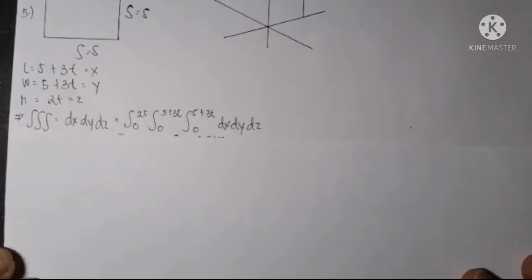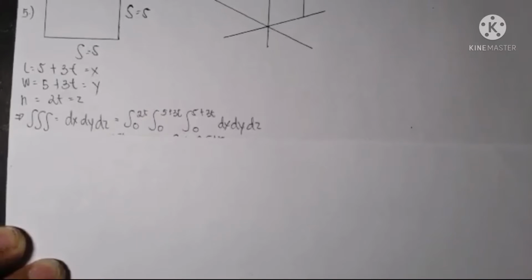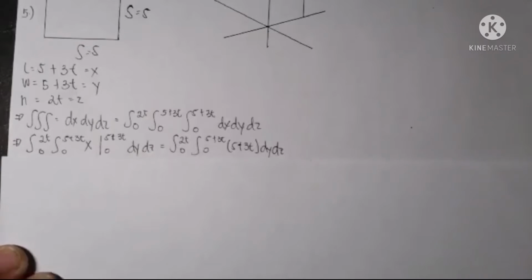0 to 2t, integral of 0 to 5 plus 3t, and the integral of 0 to 5 plus 3t dx dy dz. So, integral of 0 to 2t, the integral of 0 to 5 plus 3t, x from 0 to 5 plus 3t dy dz is equal to the integral of 0 to 2t, integral of 0 to 5 plus 3t times 5 plus 3t dy dz.